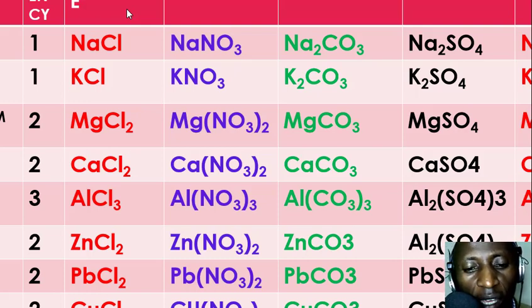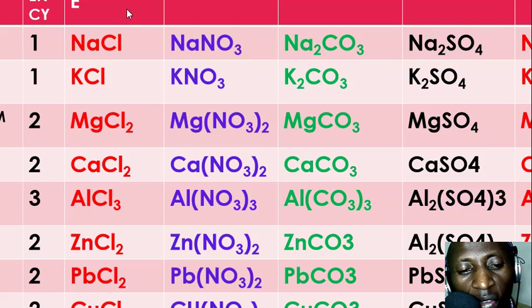So magnesium chloride, we have capital M and then small letter g, capital C, small letter l. So for magnesium chloride. We have calcium chloride, aluminium chloride, zinc chloride, lead chloride, copper chloride, iron chloride.